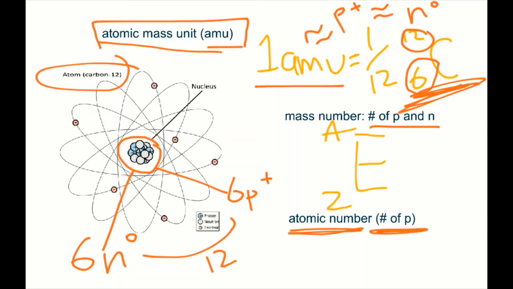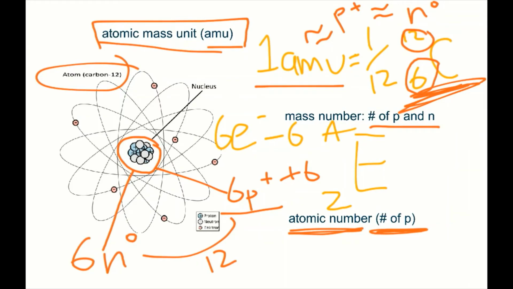Also, I wanted to add that an atom is electrically neutral, which means that our number of protons and our number of electrons, which I will write in yellow instead, are equal, because if you have 6 minus 1 charges and 6 plus 1 charges, then they add up to 0, which means they are neutral.